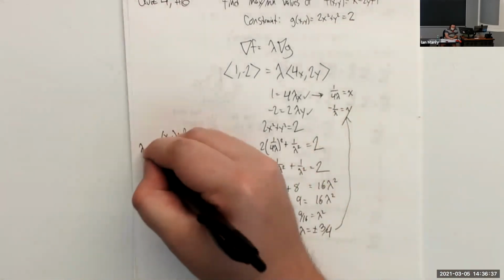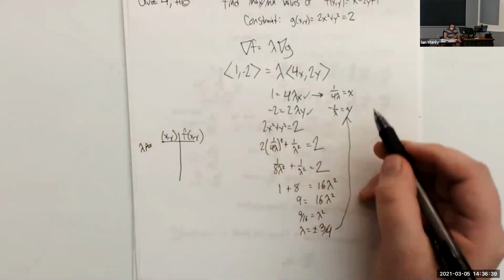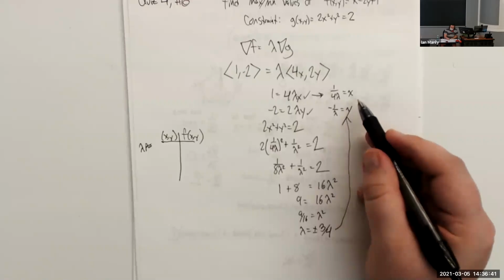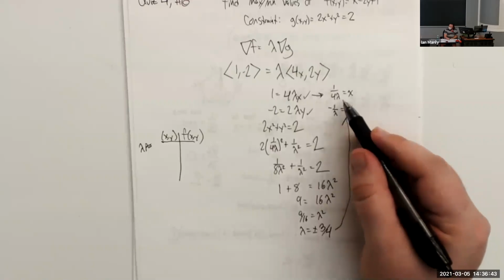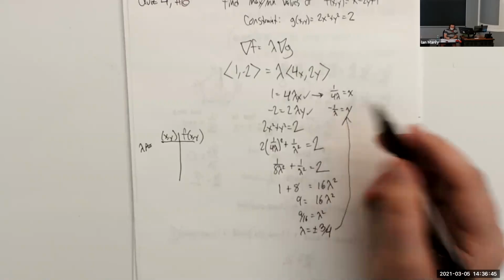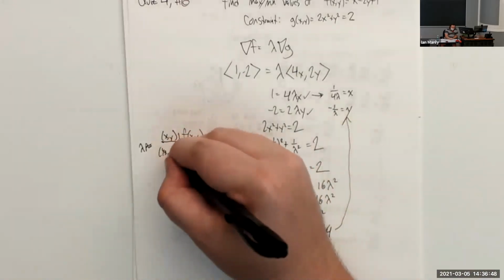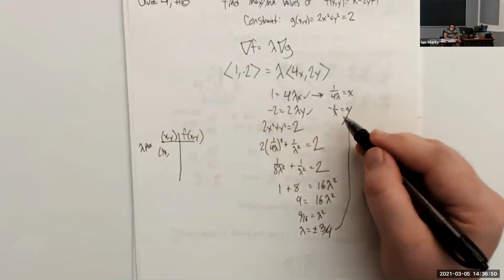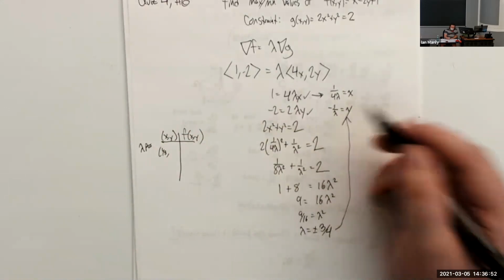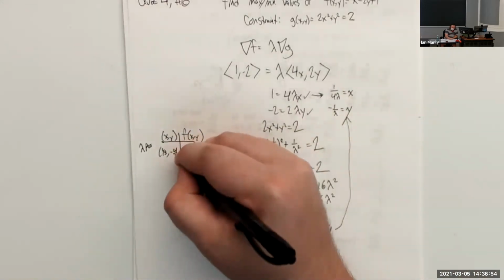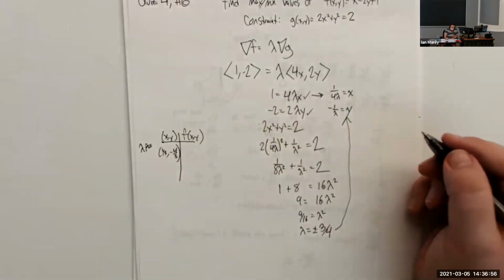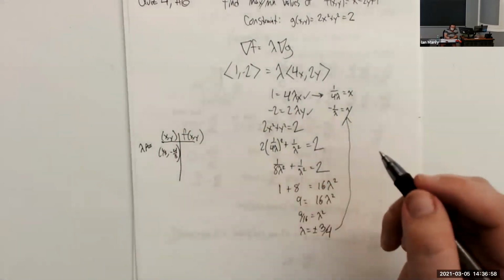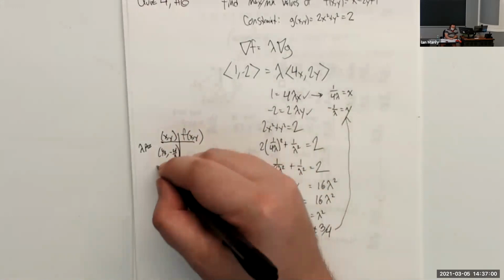With lambda positive, 3/4 times the 4 here will give me 1/3 for x. And then for y, it's the negative reciprocal of it, so it's -4/3. And then the other point will be where we use negative lambda, which will just flip the signs on these.